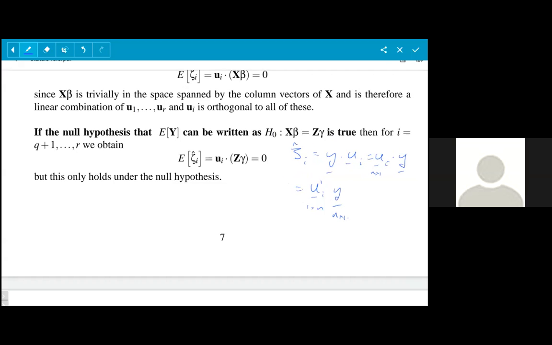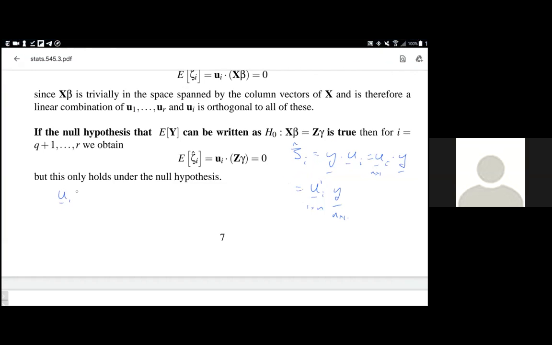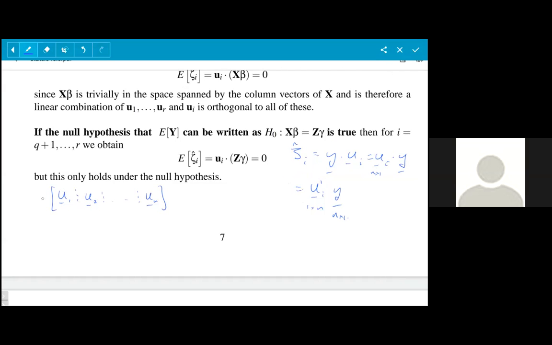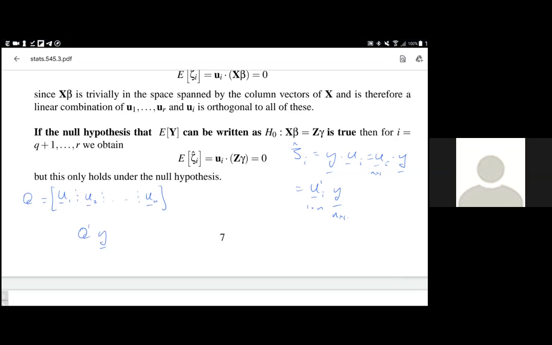Now, if we then order these ui's and put them together into one big matrix, u1, u2, all the way up to un, and we call this Q, then we have found that if we write Q transpose Y equal to Z, this result is actually zeta 1 hat all the way to zeta n hat.